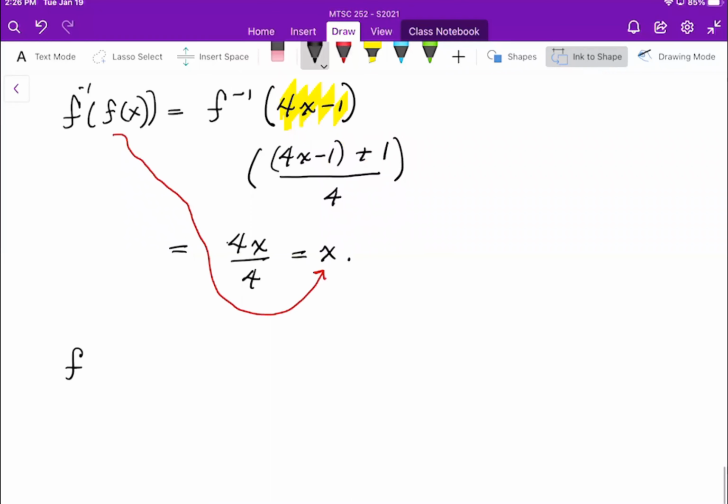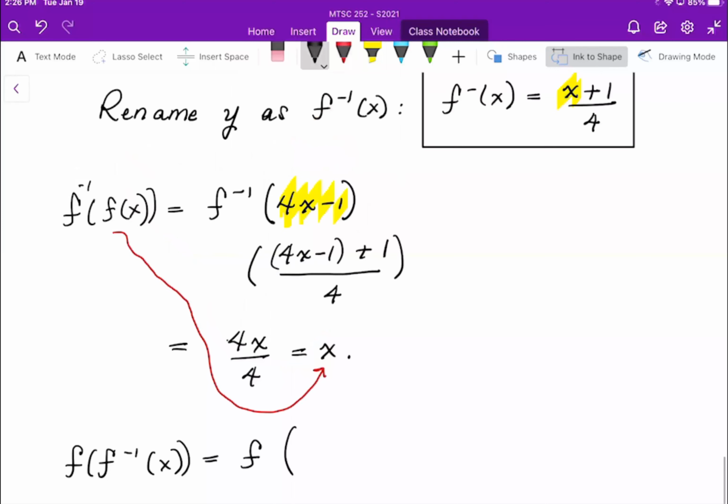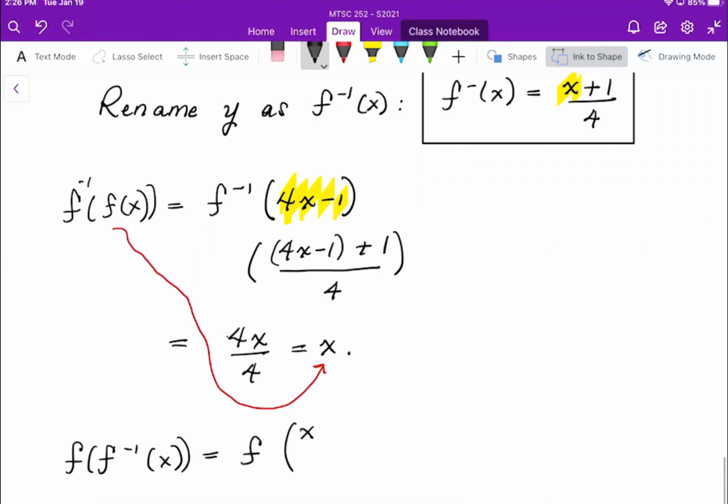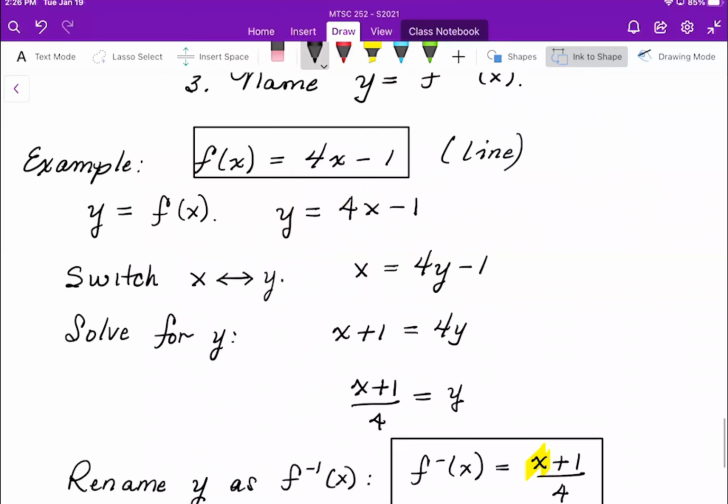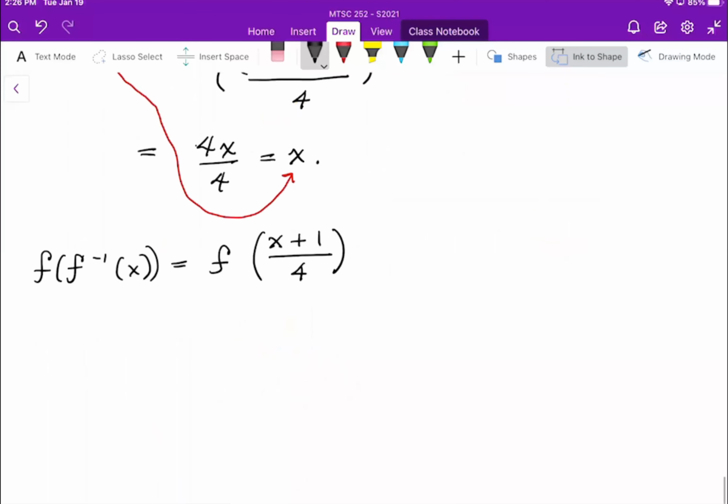f of f inverse of x says take f of, what is f inverse? Well, f inverse is x plus 1 divided by 4. So f of that says, well, f of anything says multiply that thing by 4 and then subtract 1.